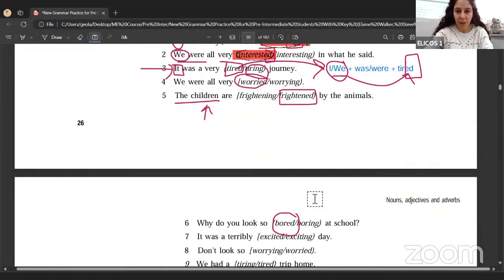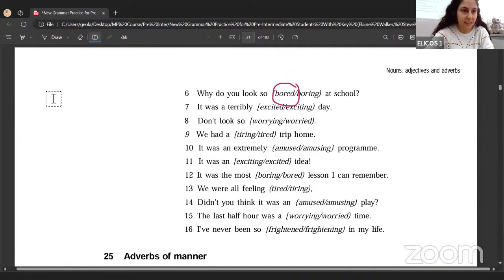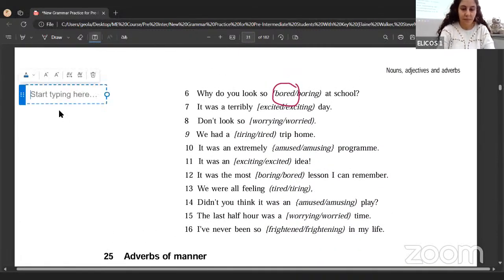Okay, so I'll rewrite these rules here so we can see them again. When I say it, she, and he, then we have "was," and then the adjective with the -ing.